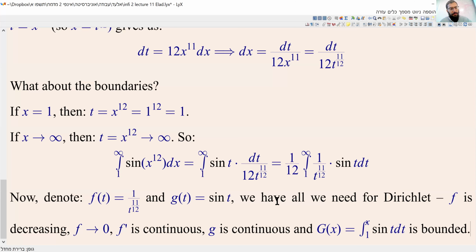Now, the next question can be the following one. What intuitively happens here? The sine is sometimes positive, sometimes negative. Somehow the negative parts and the positive parts cancel each other, and we end up with a convergent integral.